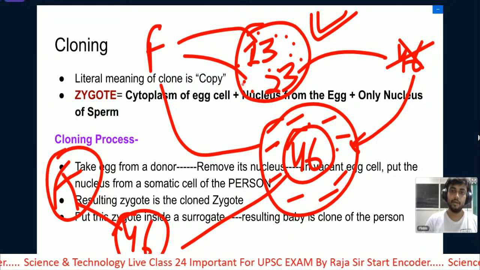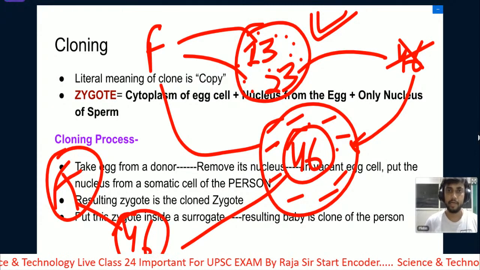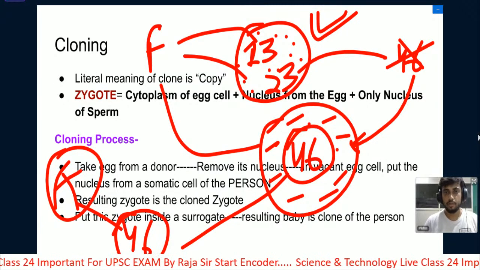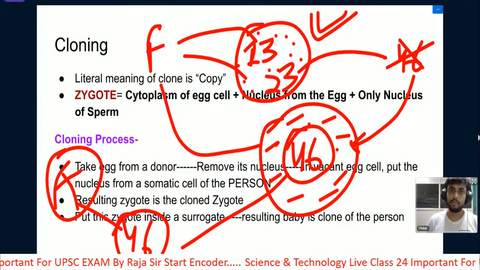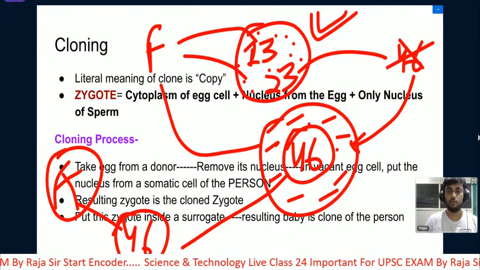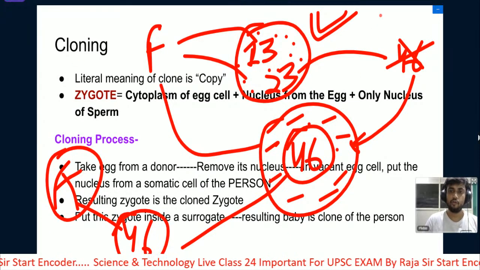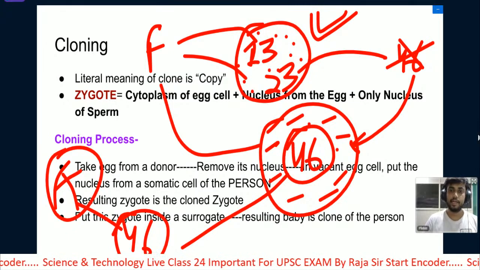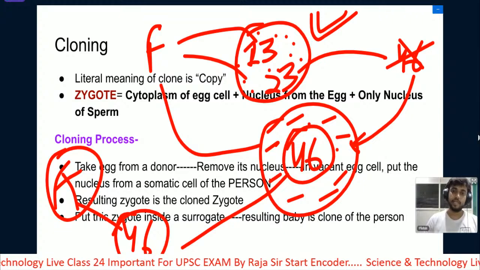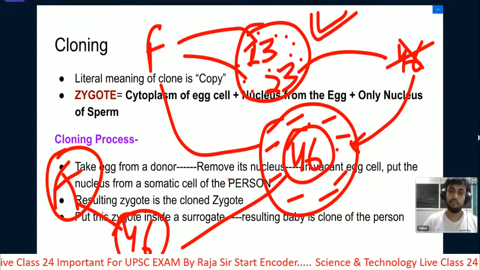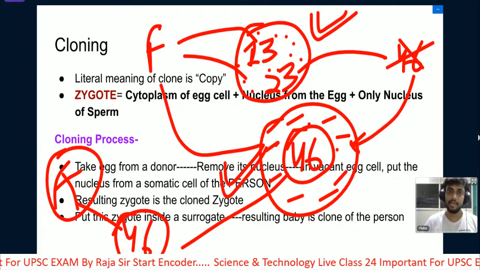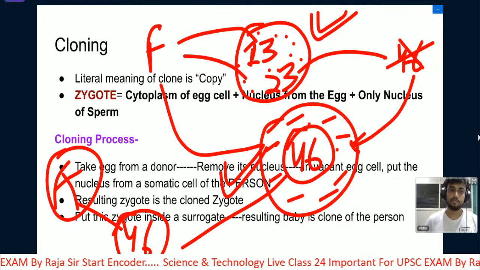That is why the offspring is different from the parents, because they have half genetic material from the father and half from the mother. But if we replace this genetic material with your genetic material, then we will have a new zygote whose genetic material exactly matches your genetic material.